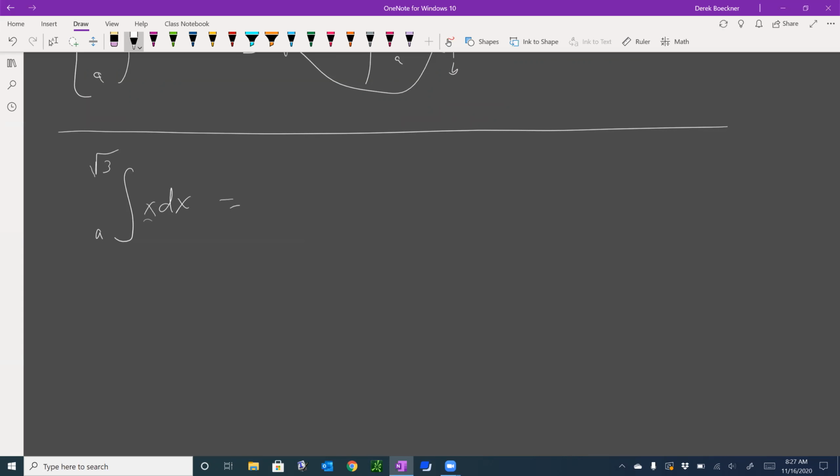So we're going to take b squared over 2 minus a squared over 2. So I'm going to take 3 minus a squared over 2 in this case. Integral a to a squared. So this is a quadratic, so I'm going to take cubes. So this is a to the 6th minus a to the 3rd over 3.